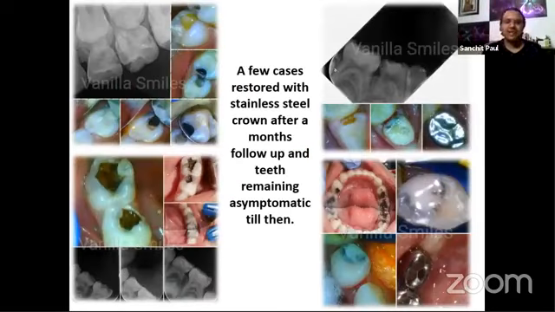So again, these are some examples where we have tried to use SDF as a smart technique, where we don't have to go for conventional drilling and filling. As Dr. Abhishek has highlighted, we have to be very selective with our caries removal technique. It's not important to remove all the brown, all the black. We have to stop at the right level, put in SDF and fill it either with a restoration or put a crown over it.